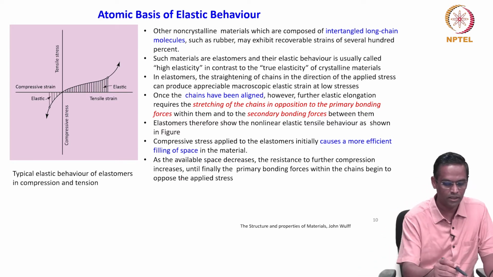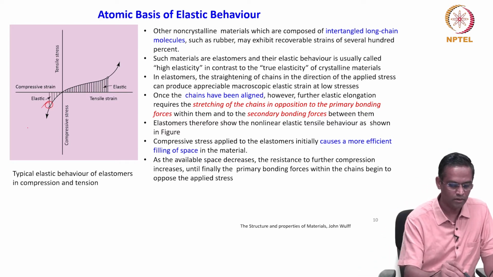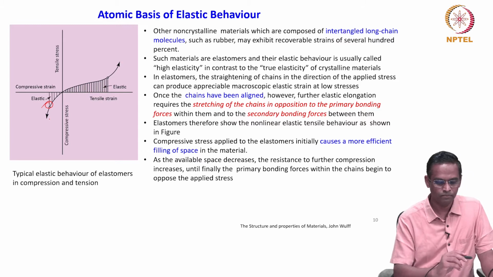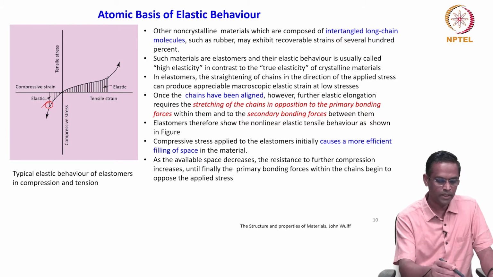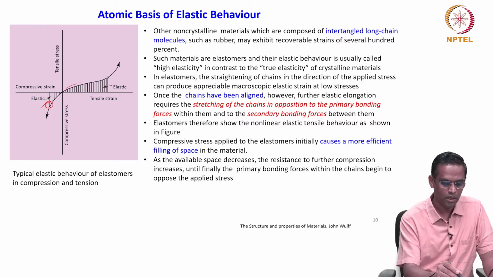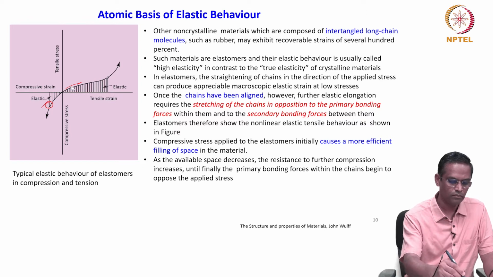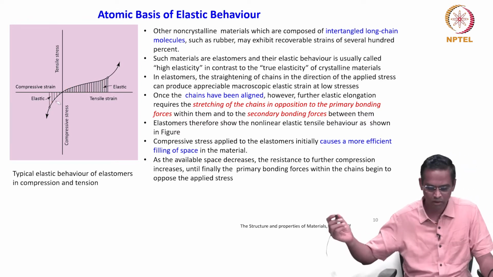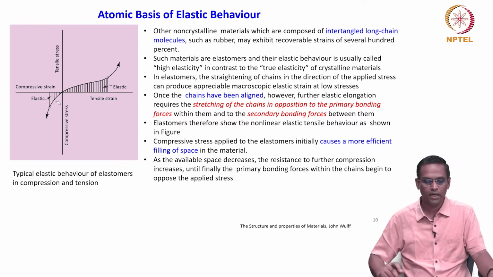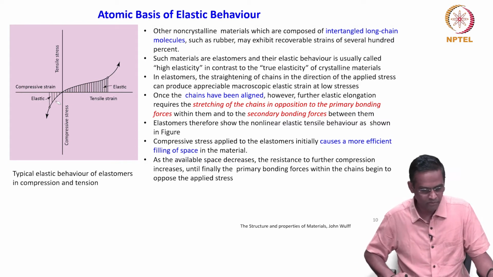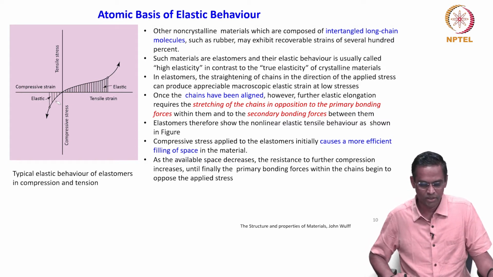That is the reason why you see the significant increase in the slope initially as compared to tension forces here. So this is what we have seen. We stopped here and then we ended our lecture yesterday.